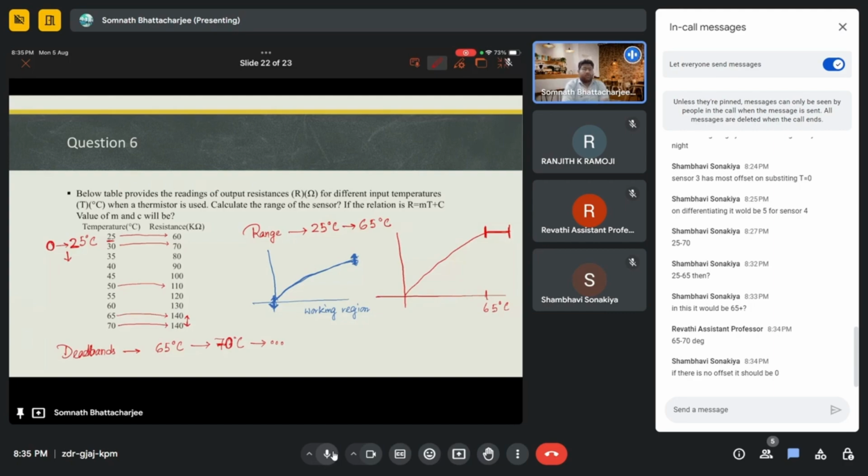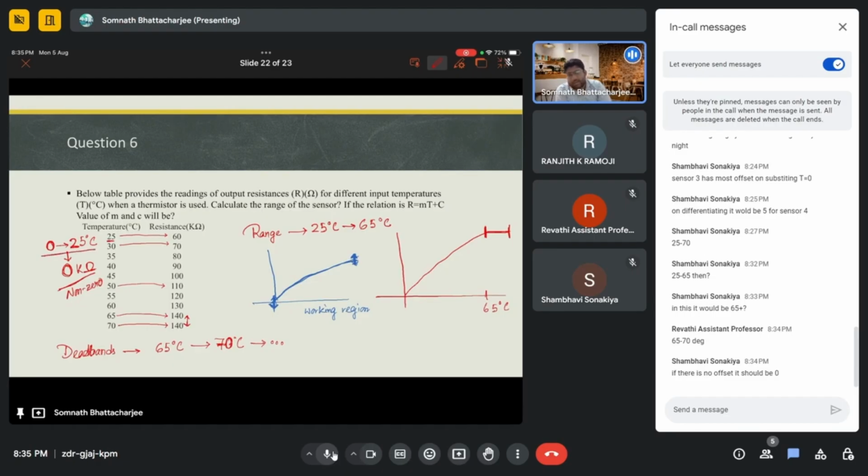Yes, if there is no offset, it should be 0. That's the right answer. So let's take that this value would be 0 right now. It won't be 0, but let's take it as this. Even if it's 0 or maybe a non-zero value, still there is no sensitivity in this region, right?